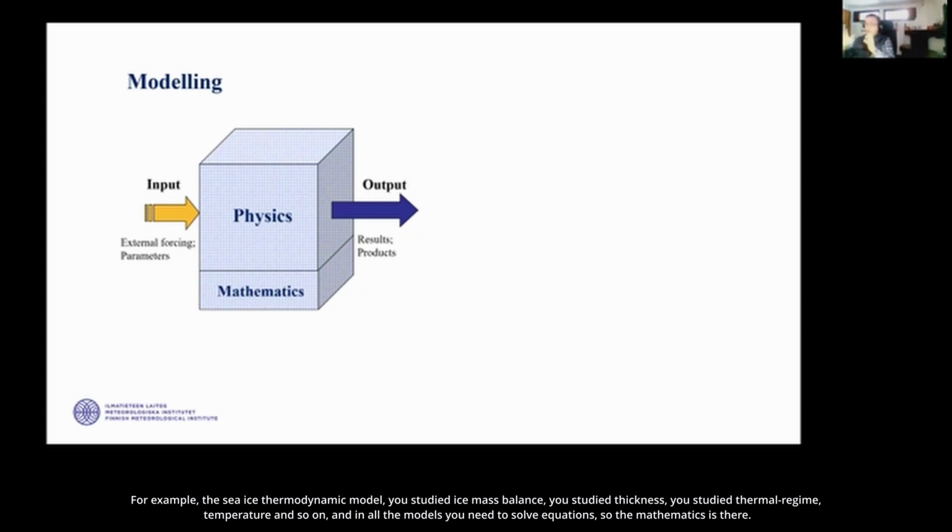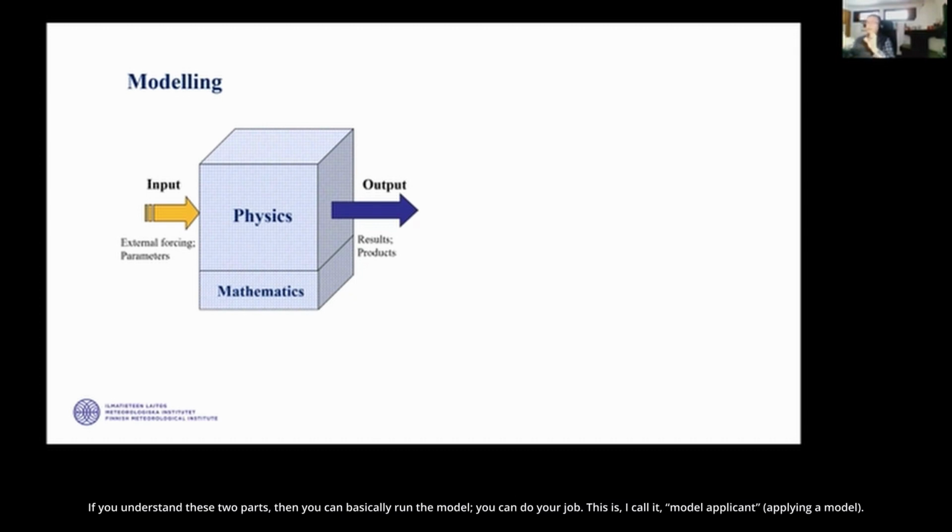And in all the models, you need to solve equations, so the mathematics is there. If you want to be a model applicant, and you don't want to look at much detail inside the model, that's fine, that's okay. Then what you need to do is to understand the model input and the model output. If you understand these two parts, then you can basically run the model and do your job.